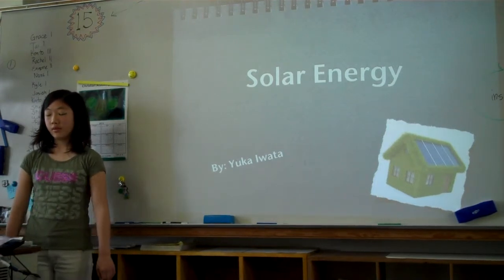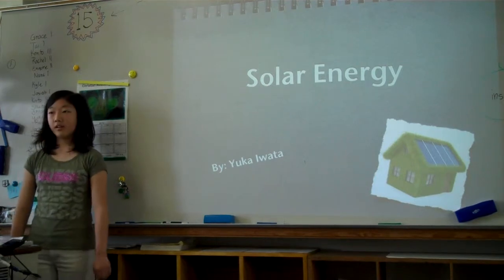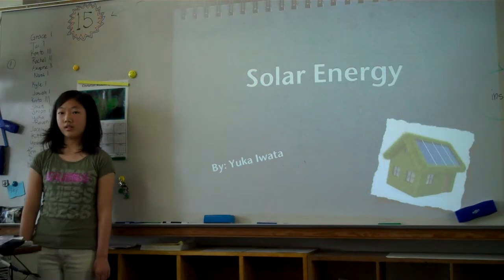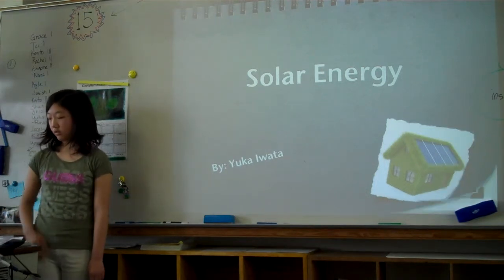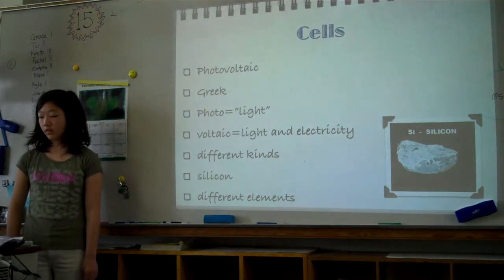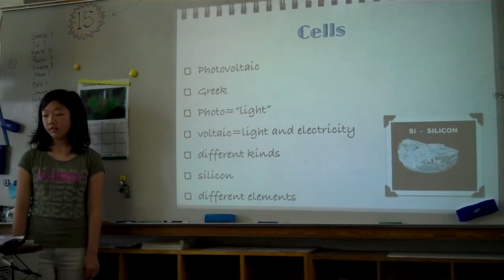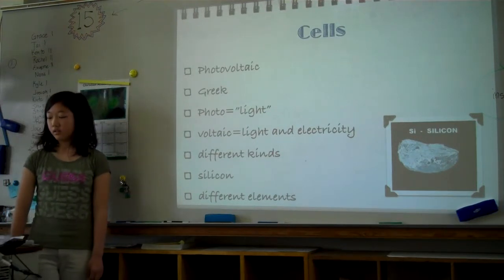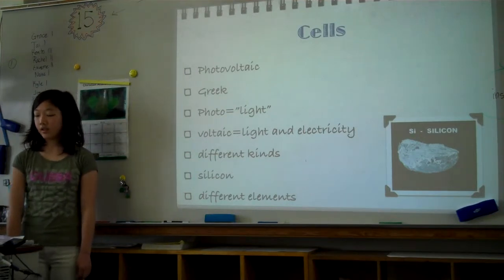But a few years passed, and they also requested another name, which was solar panels. Photovoltaic is actually Greek. Photo means light, and voltaic basically means electricity. So they connected photo and voltaic together to make photovoltaic.